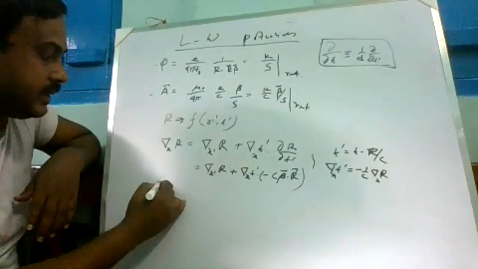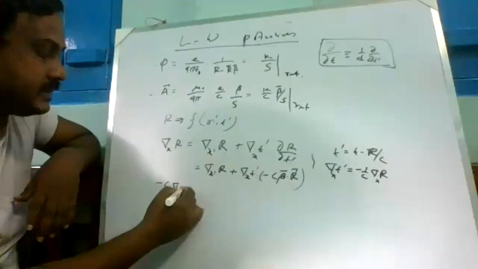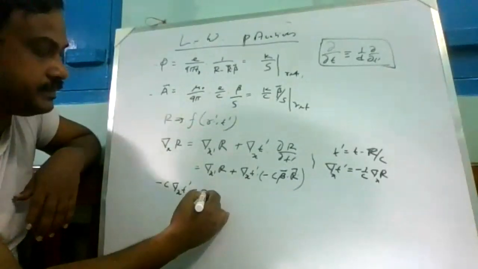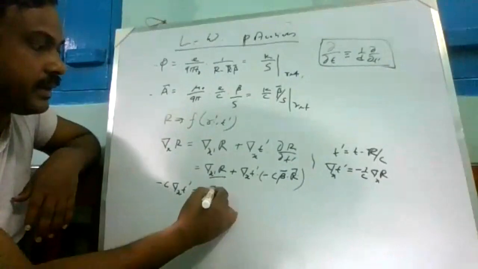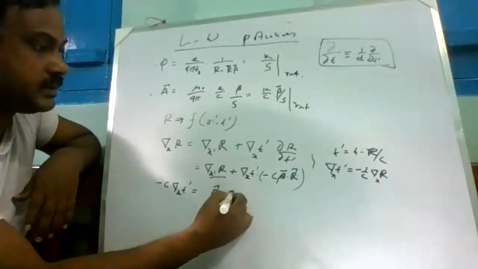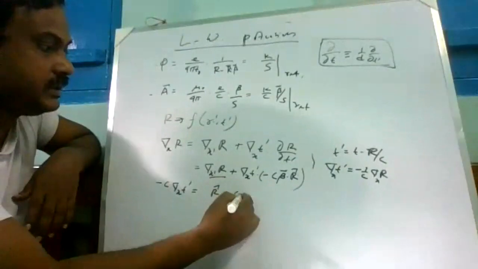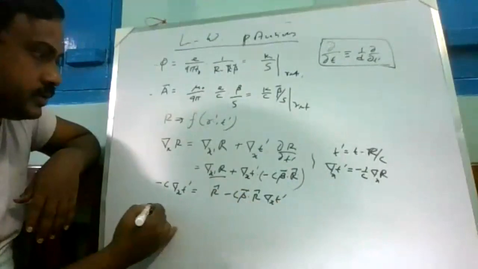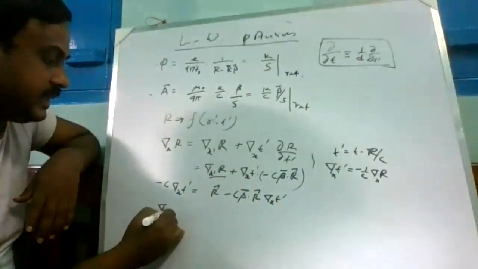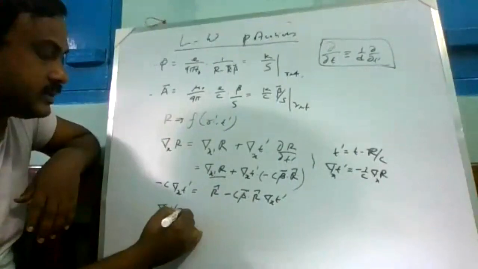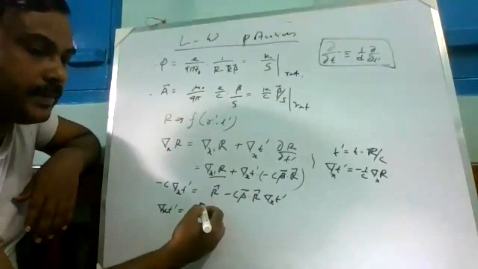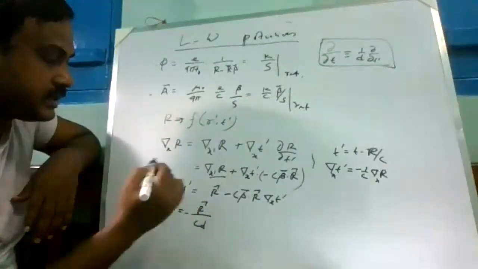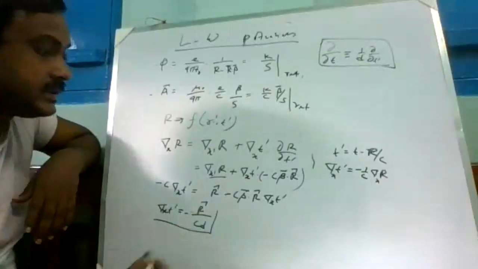So we write here minus C del X T dash will be equal to R cap minus C beta dot R cap. So you see del X T dash will come out to be R cap by C into D.